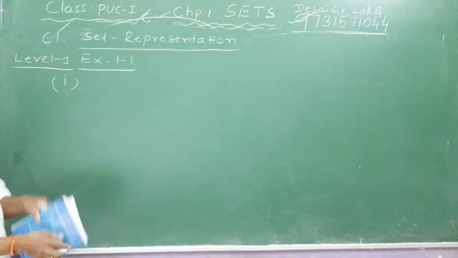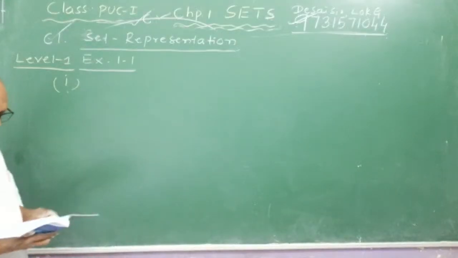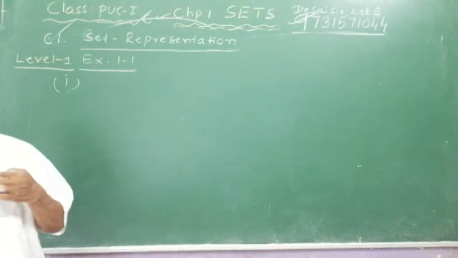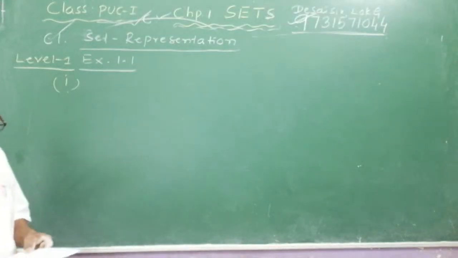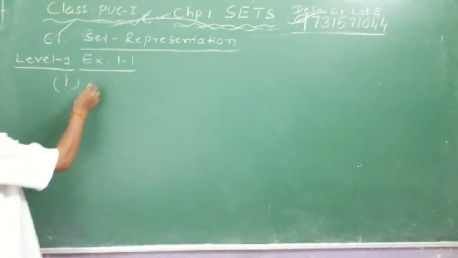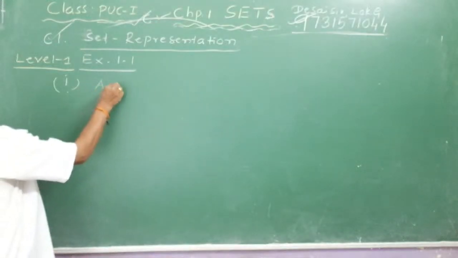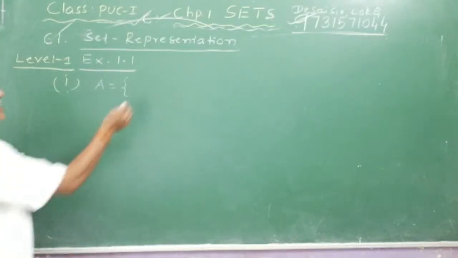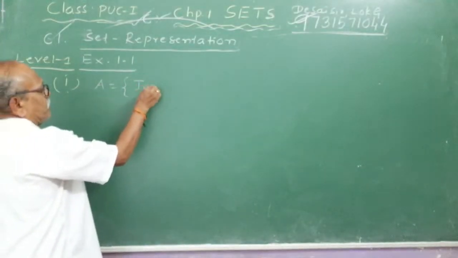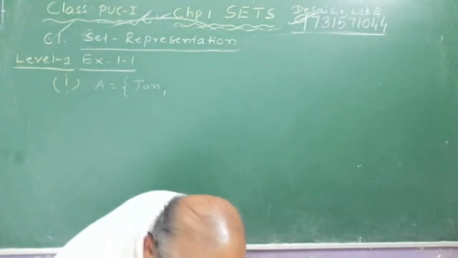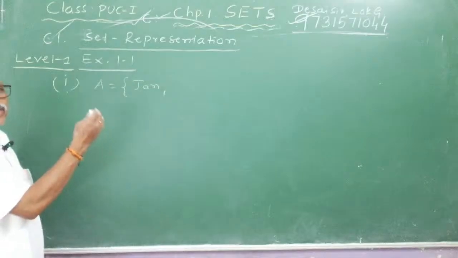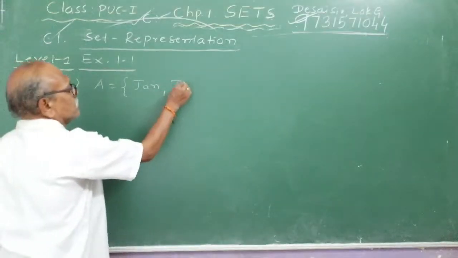Okay. First question. A collection of all months of a year. A collection of J. Say you start with A. You write J. January comes. Check whether February comes. January, February, March, April, May, June comes.